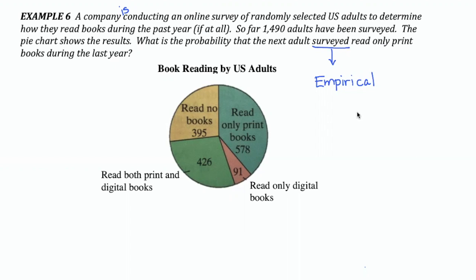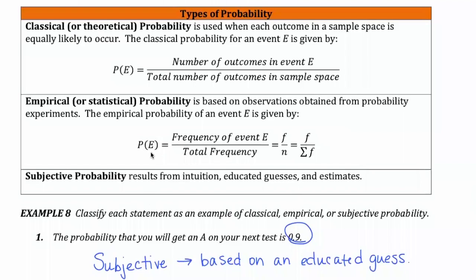So if this is empirical, we calculate the probability of any event by finding the frequency of that event and dividing it by the total frequency.